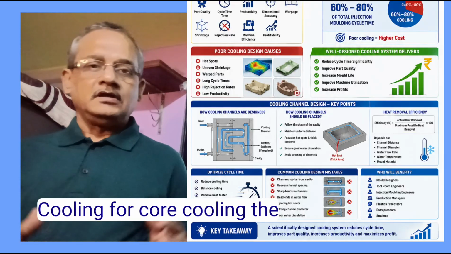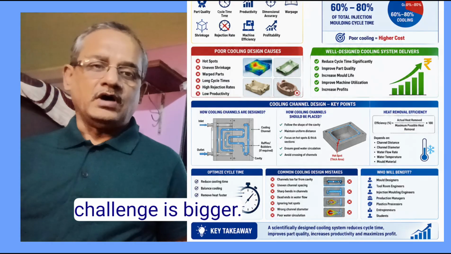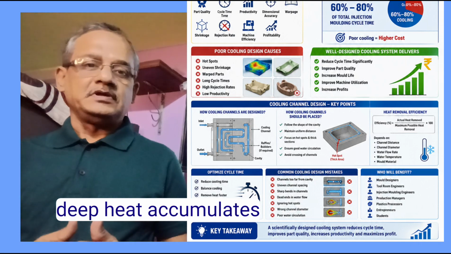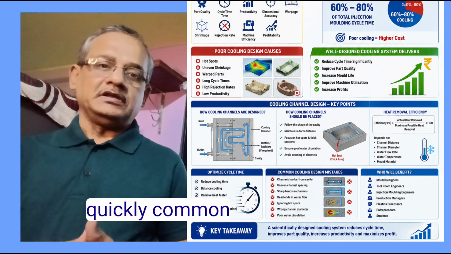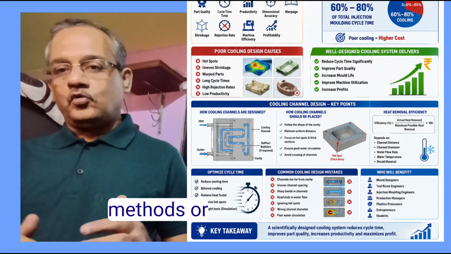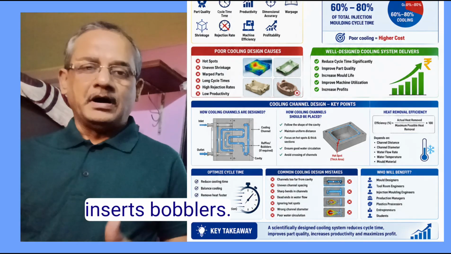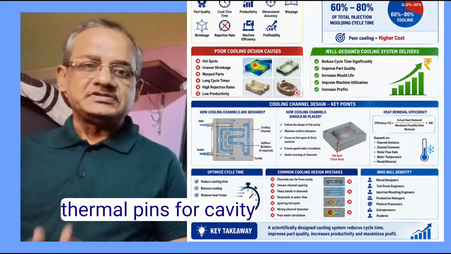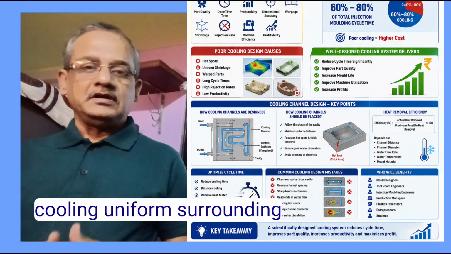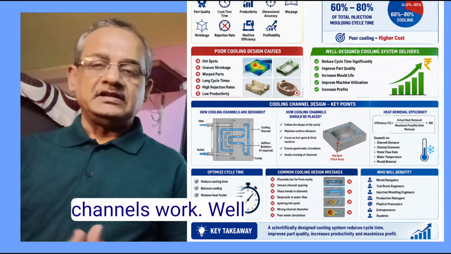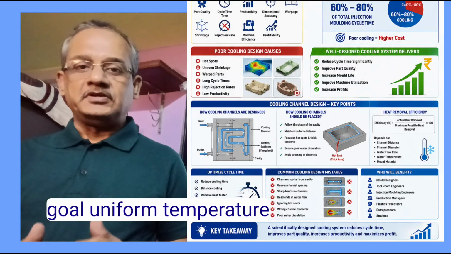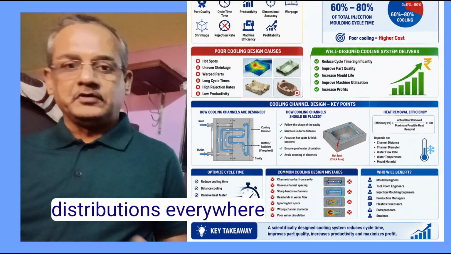For core cooling, the challenge is bigger. Why? The core is usually smaller and deep. Heat accumulates quickly. Common methods: core inserts, bubblers, copper alloy inserts, thermal pins. For cavity cooling, uniform surrounding channels work well. Goal: uniform temperature distribution everywhere.